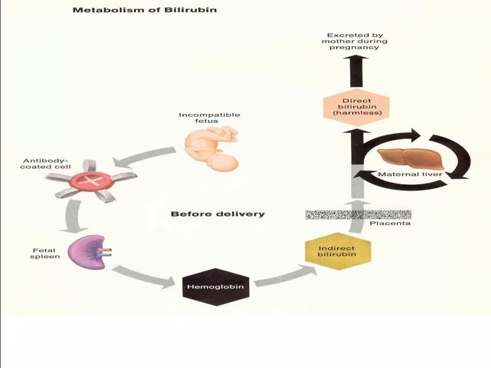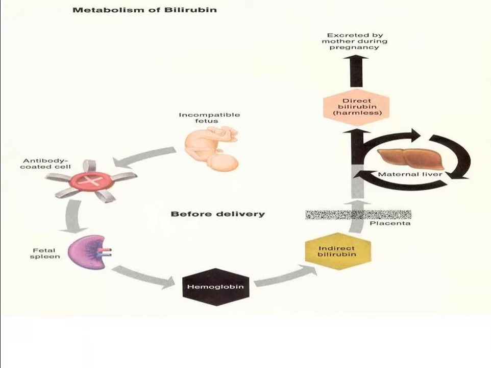This change is done with the help of the liver. So this indirect bilirubin crosses the placenta and comes into the mother's circulation. In the mother's circulation, it is converted into direct bilirubin, which is harmless.